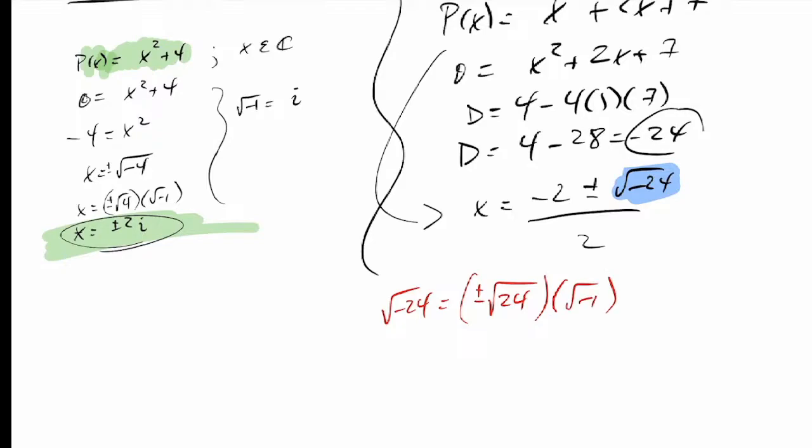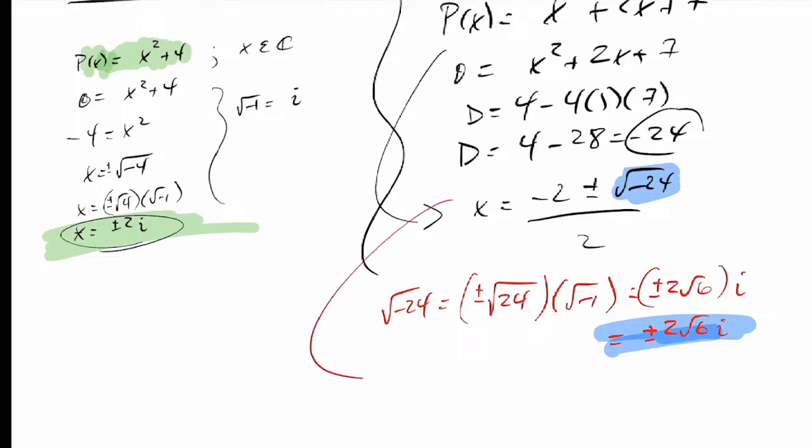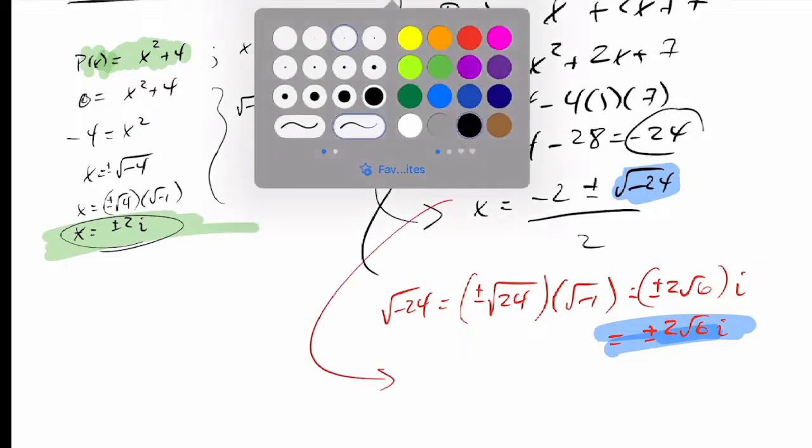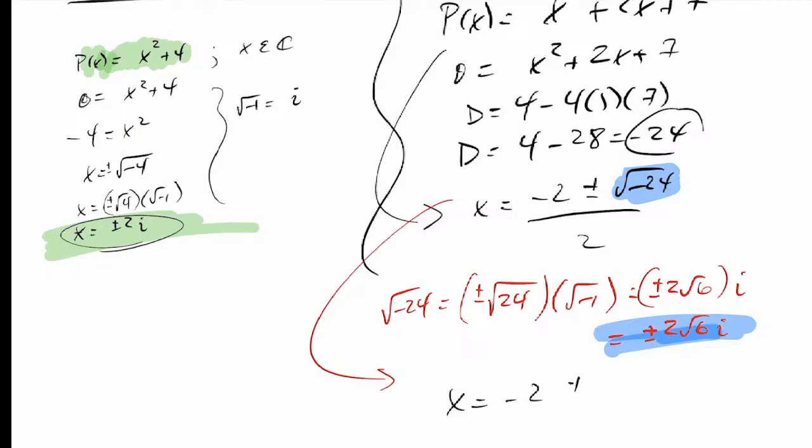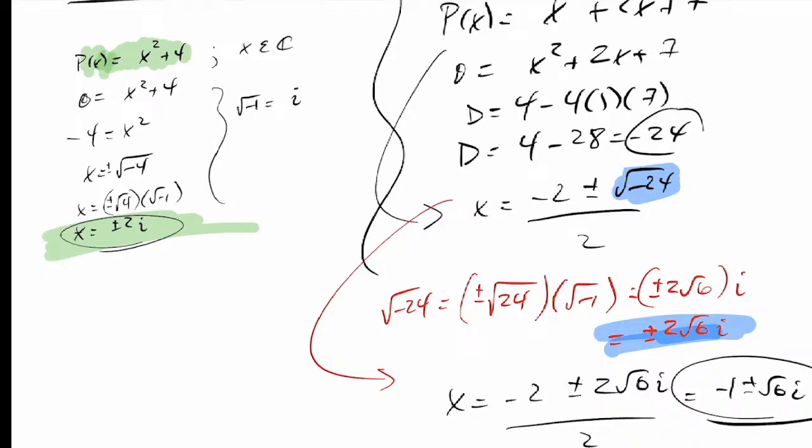For the square root of 24, you can pull out a 4, like 4 times 6, so that's plus or minus 2 root 6, and then that would just be i. So we could replace this with plus or minus 2 root 6 i. My answer here is x equals negative 2 plus or minus 2 root 6 i over 2, and I get negative 1 plus or minus root 6 i. That's as complex as it will get, no pun intended.